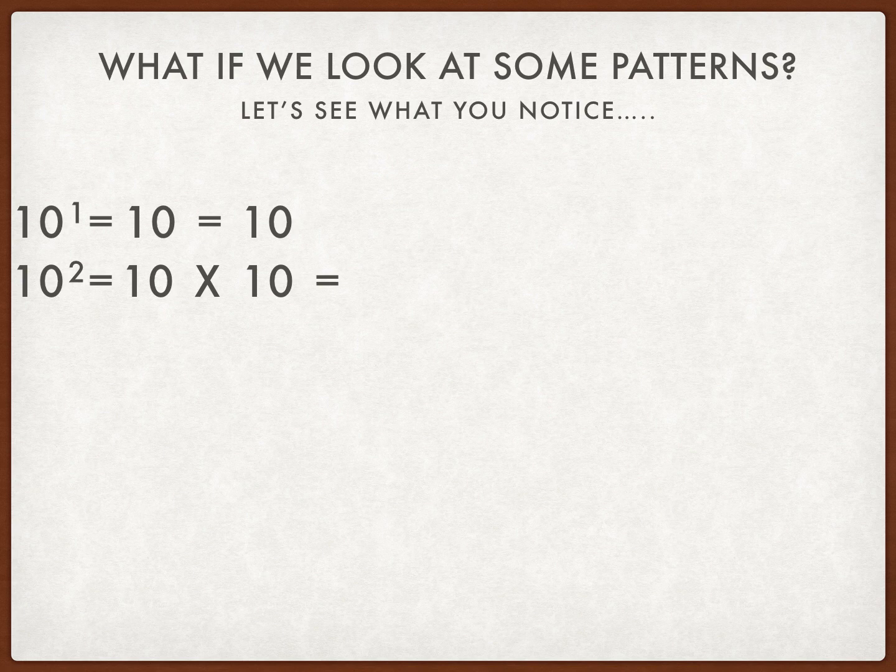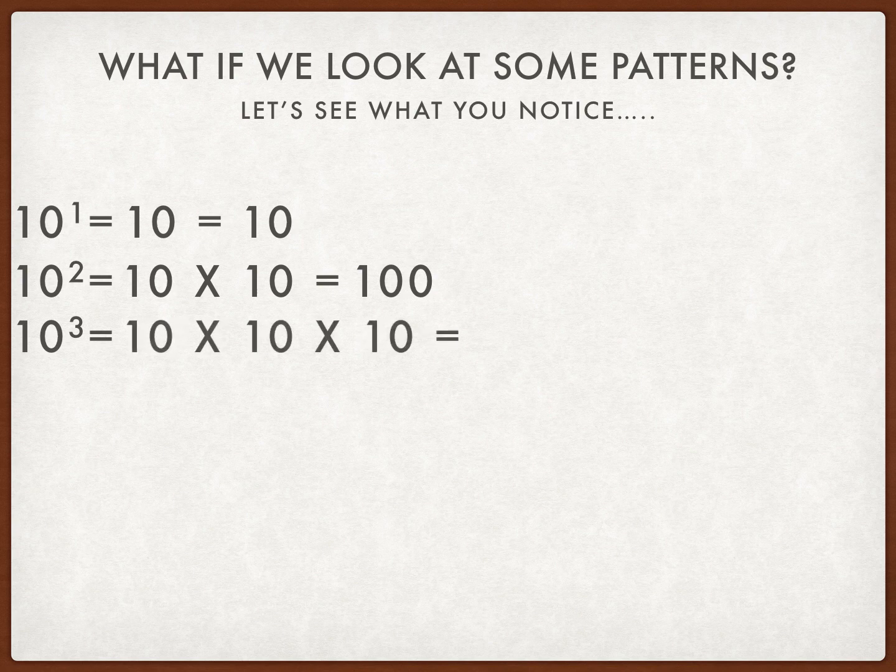If we type that in the calculator to figure out our standard form, we would find out that it's equal to 100. 10 to the third power, again, our base is 10, our exponent is 3, so that tells us to write the number 10 3 times. So 10 times 10 times 10 would be our expanded form. If you type that into the calculator to find standard form, you'd find out that it's 1,000.